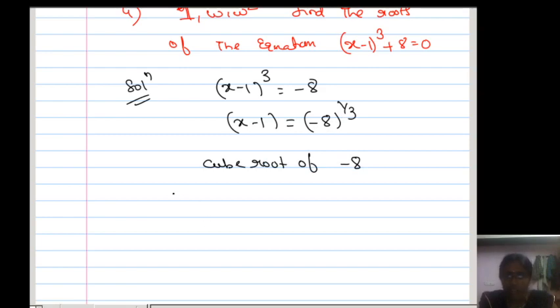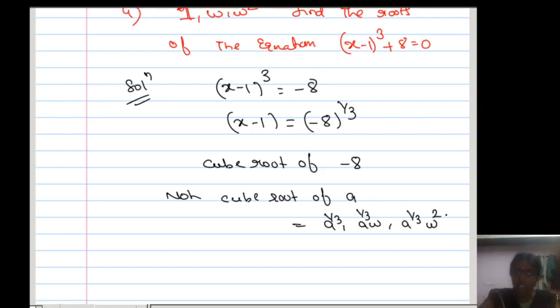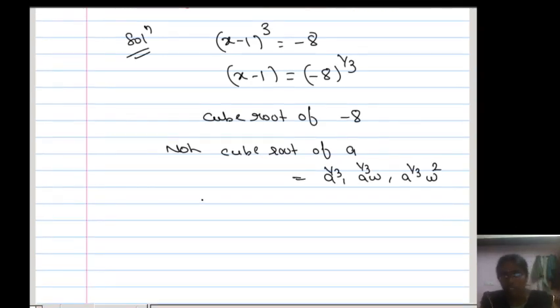So already you know one note point: the cube roots of a real number a are a power 1 by 3, a power 1 by 3 omega, a power 1 by 3 omega power 2. These are the cube roots of unity multiples.